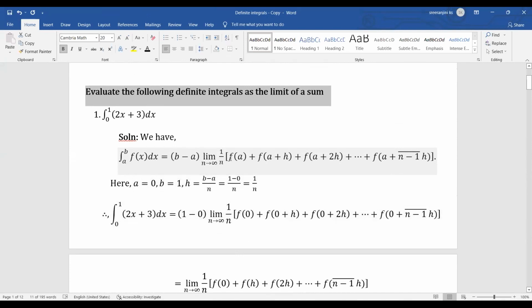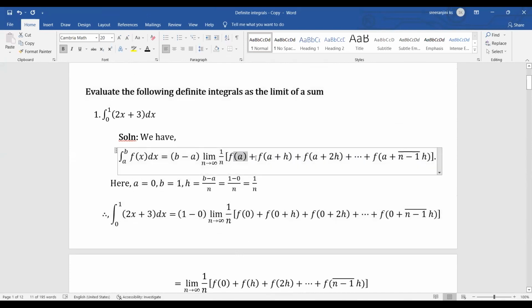See, this is the sum: f of a plus h plus f of a plus 2h, and so on, plus f of a plus n minus 1 times h. Limit n tends to infinity, 1 by n into this sum. So we are taking the limit of this sum divided by n as n tends to infinity. That's why it is the limit of a sum, and we get the value. And if the question paper specifies it, you have to follow this method.